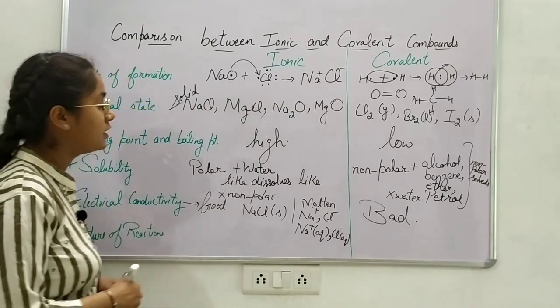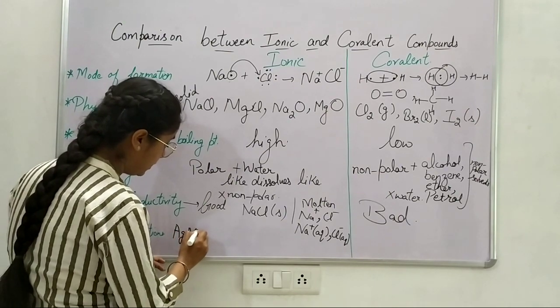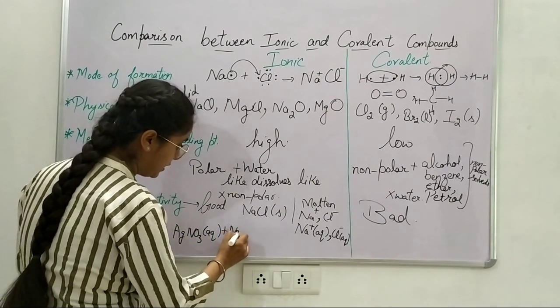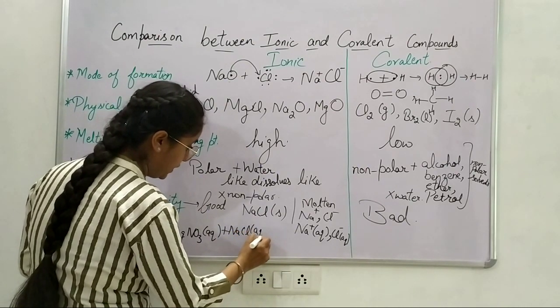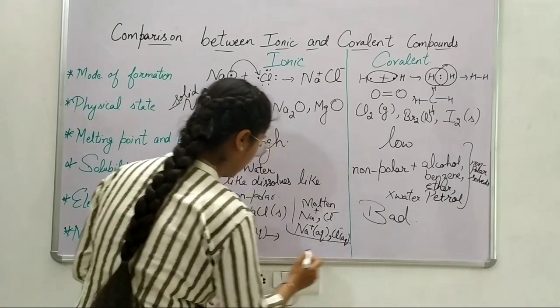So in case of ionic compounds, we have silver nitrate in aqueous form and sodium chloride again in aqueous form. When these two react with each other, I am writing the result down here.